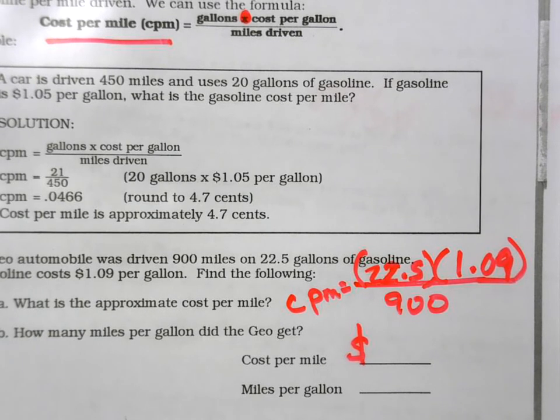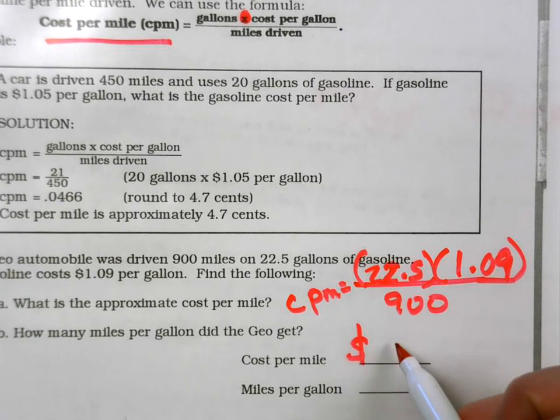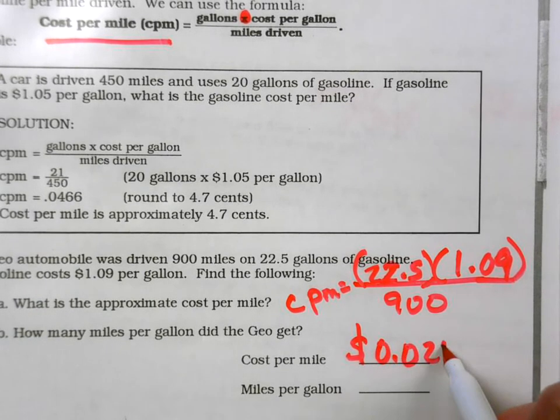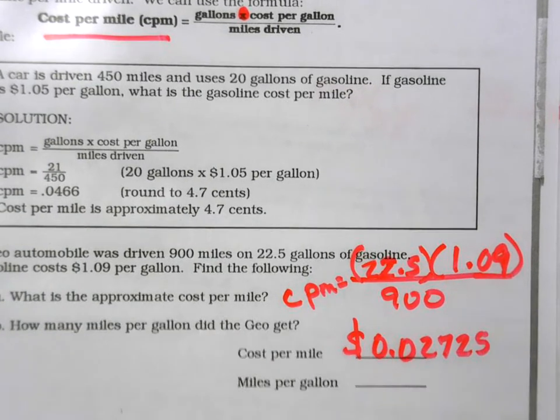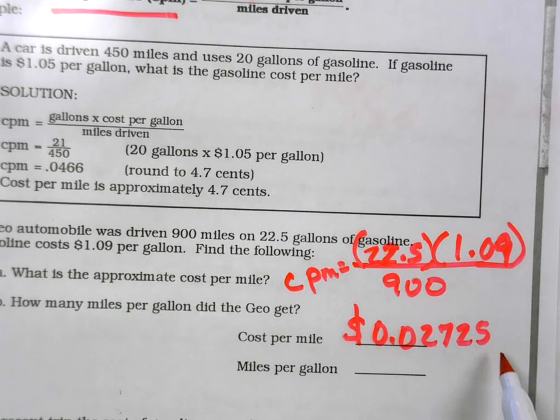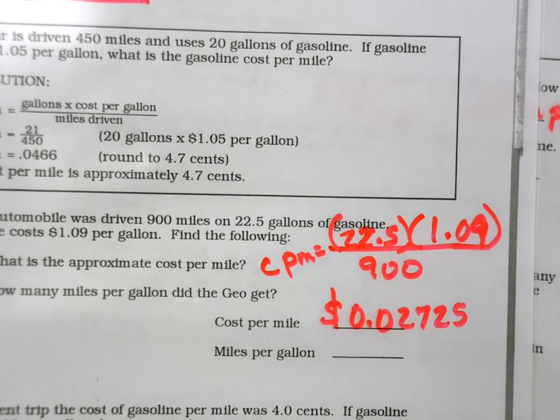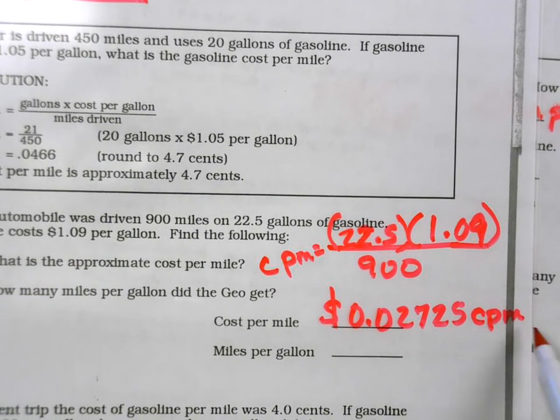It will be 0.02725. I believe it wants all the decimal places in GoFormative, and also CPM, because it's cost per mile, so you have to use the dollar sign.